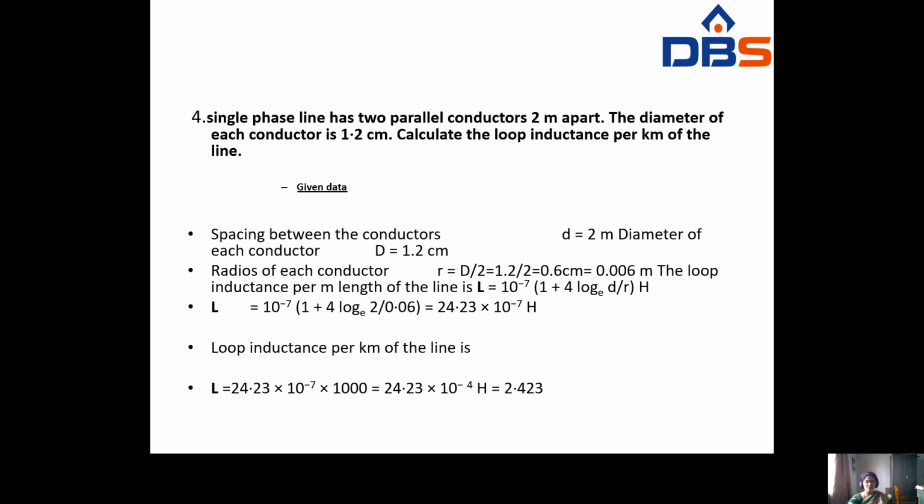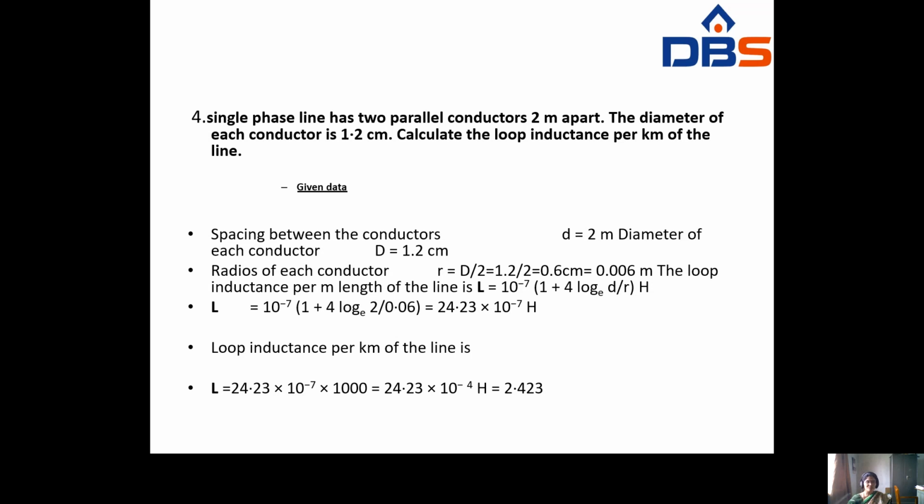But here you want the radius, so the radius of each conductor is given by r equal to d by 2, that is 1.2 by 2, so you get 0.6 centimeters. Converted into meters, you write 0.006 meters.